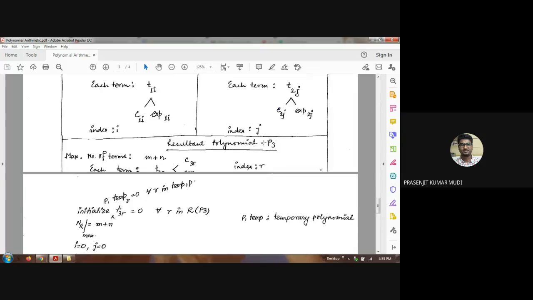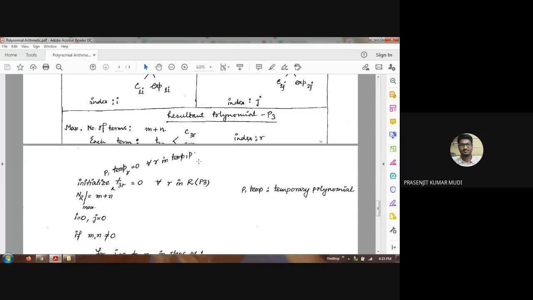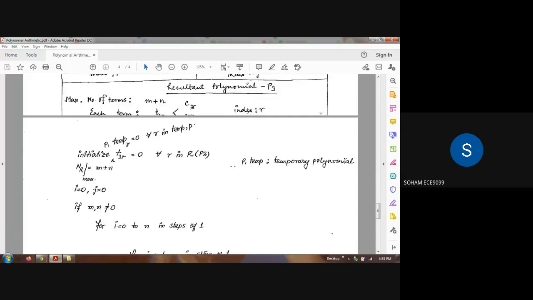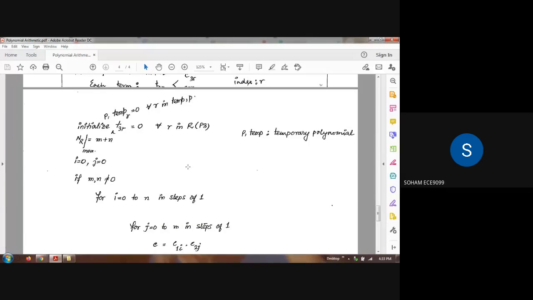So P3 will have several terms, each of such term is denoted by T3R. So you are initializing all such T3R equal to 0 for all R in P3 or capital R, ঠিক আছে, and these two will be used for intermediate calculations. These two variables P and temp R are also being initialized to 0. That's why. Okay. Okay sir, ওটাই ডাউট ছিল. Okay, yes.